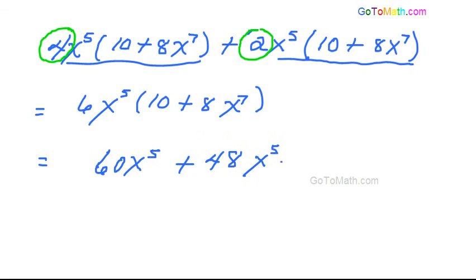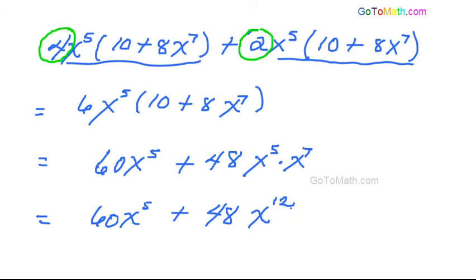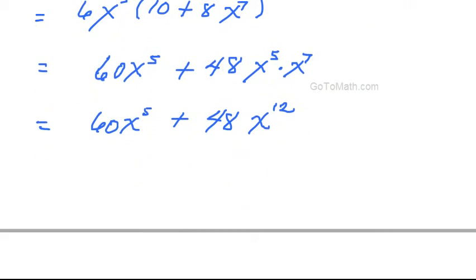You notice, since these are multiplied together, we just add their exponents. So 5 plus 7, what is that? 12. Okay.